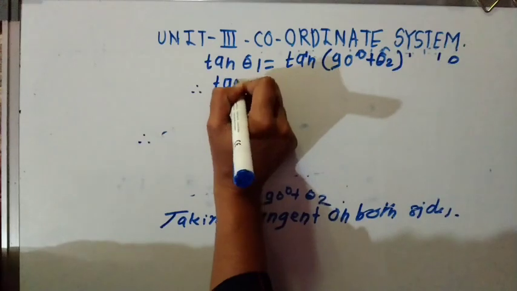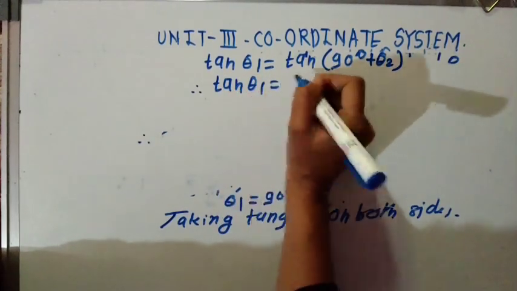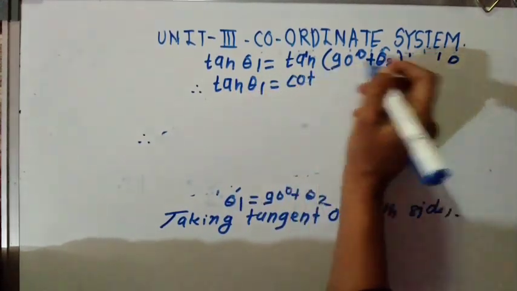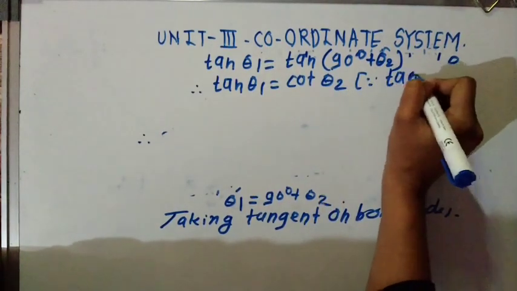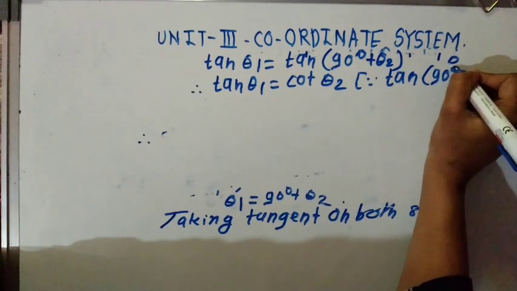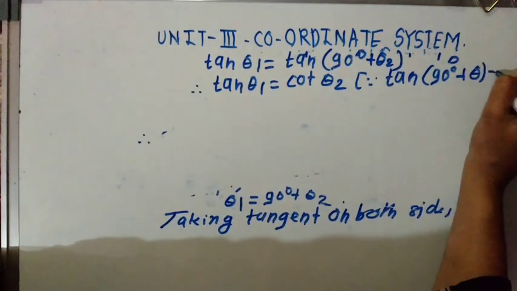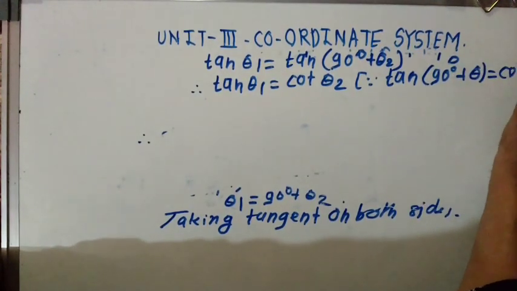Hence we get tan theta 1 is equal to minus cot theta 2.